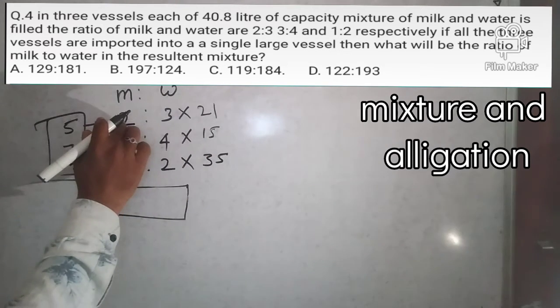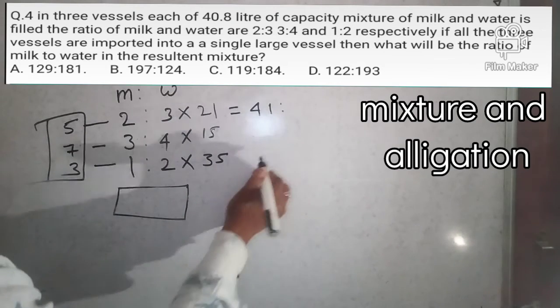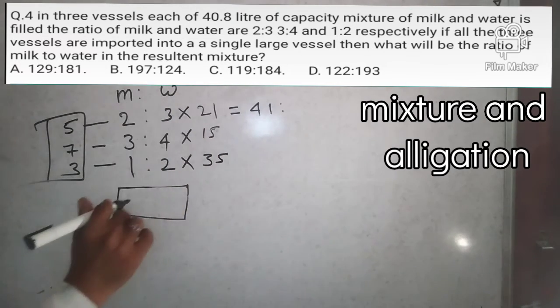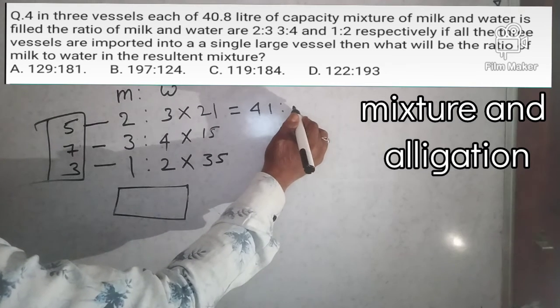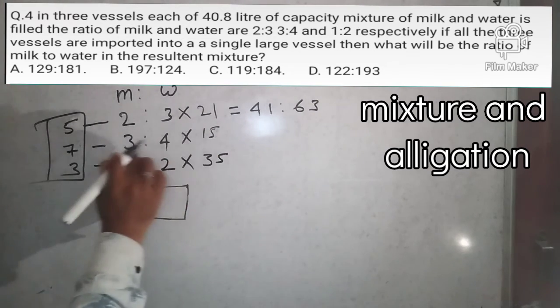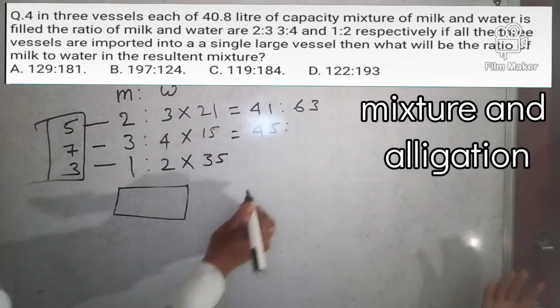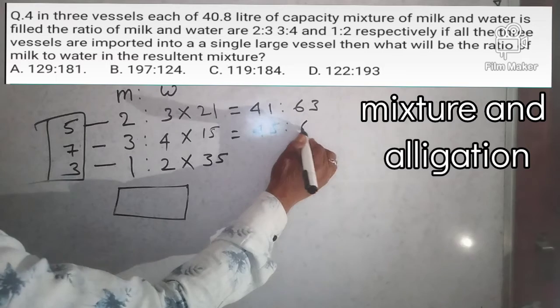Now 21 times 2 is 42, 21 times 3 is 63, 15 times 3 is 45 and 15 times 4 is 60.